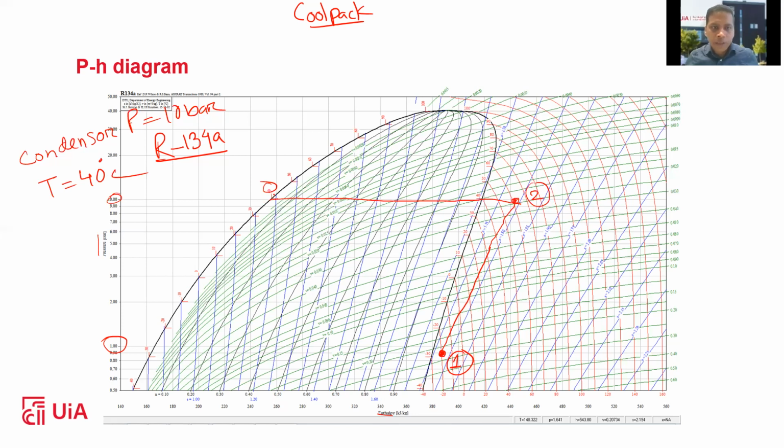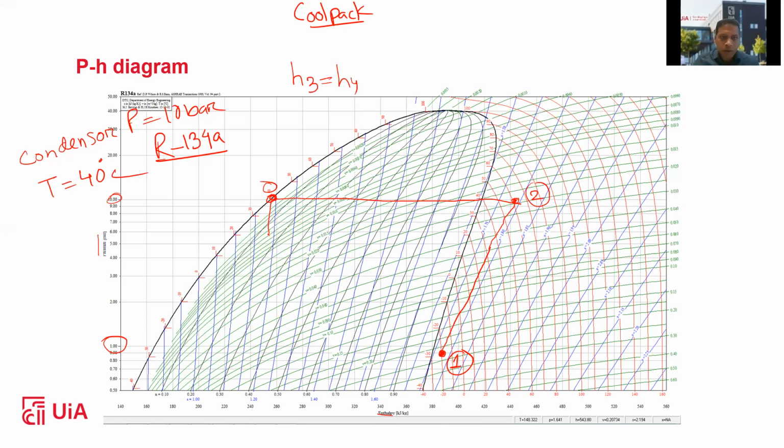Then you will reach this point in here, which is known as point 3. And then, if you draw the ideal vapor compression cycle, you just draw a straight line, because the enthalpy is remaining the same. That means H3 is equal to H4.